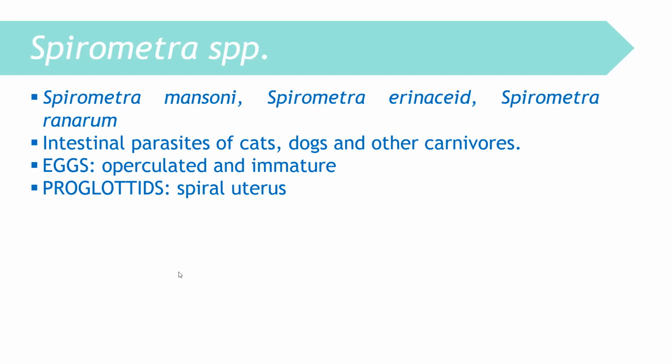The life cycle of Spirometra is almost similar to the life cycle of Diphyllobothrium latum. The eggs are almost similar to Diphyllobothrium latum, meaning it is also operculated. Proglottids have a spiral uterus, which is almost synonymous to the proglottids of Diphyllobothrium latum.